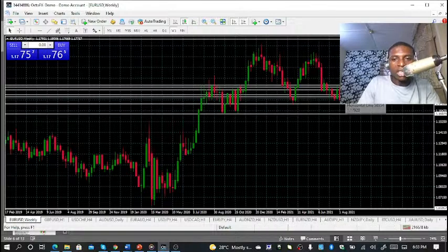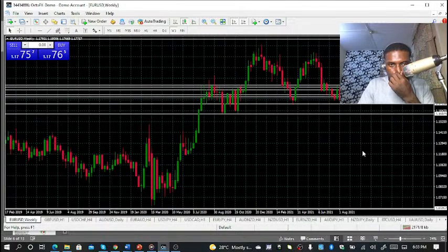There's a higher possibility that the market will continue to drop to this level. If the market gets to this level, it might reverse back up. If it doesn't, and it breaks out of this line here, we might see a continuous fall in price.